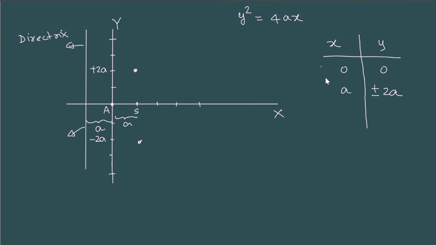Suppose if I take x as 4a, you have 4a into 4a, so we'll end up having plus or minus 4a. So let's say we can show them here. So this is 1, 2, 3, 4. So this is 4a, and then we have these 2 points. Okay, so this is plus 4a and then this is minus 4a.